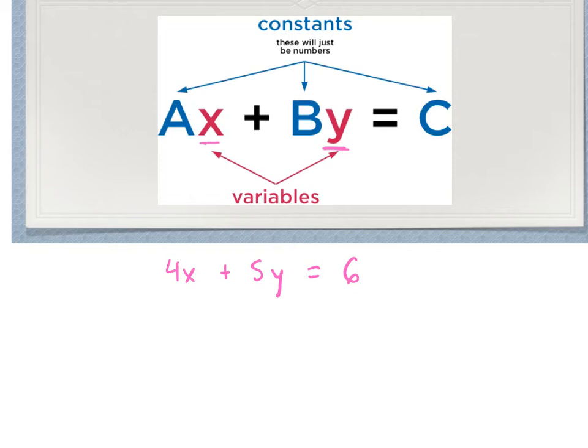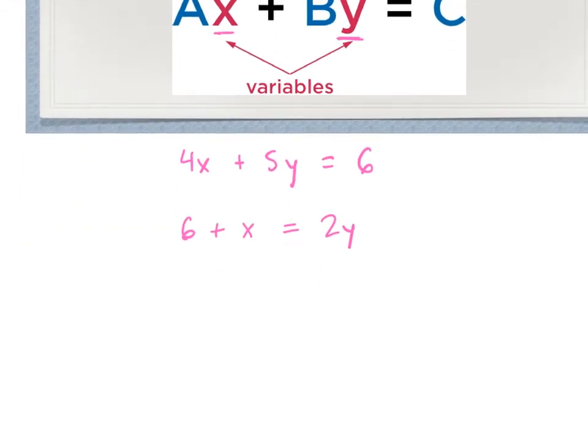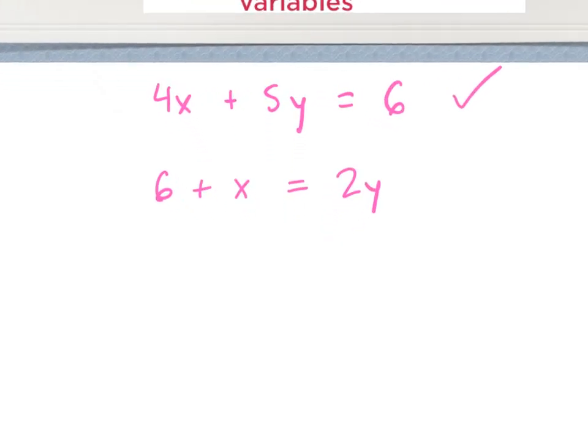If we had 6 plus x is equal to 2y, would this be in standard form? No. How would we get this into standard form?